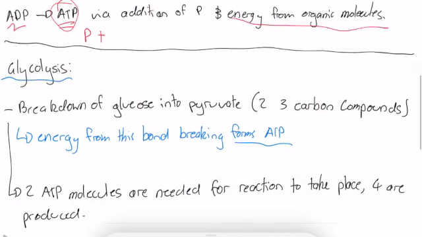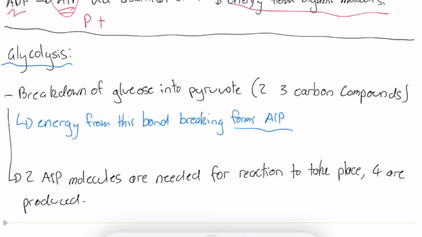In things like glycolysis, which I'll mention fairly briefly, is the breakdown of glucose into pyruvate, which is effectively your smaller carbon compounds. So we know that glucose breaks down into 2 of those 3 carbon compounds. Now, similarly, the energy from this bond breaking forms ATP.